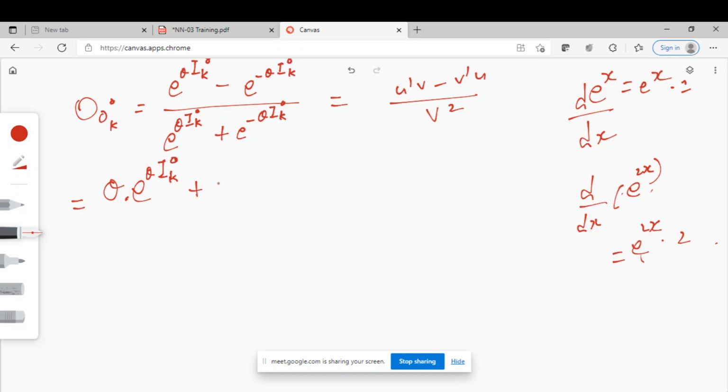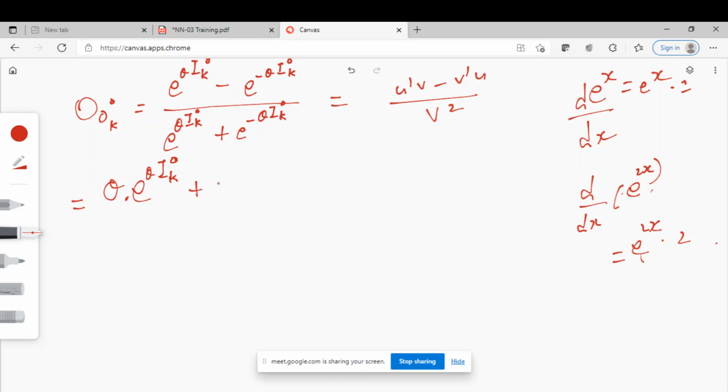For v dash, you will get theta into e power theta I_ko, plus minus theta into e to the power minus theta I_ko, since the minus theta comes down.